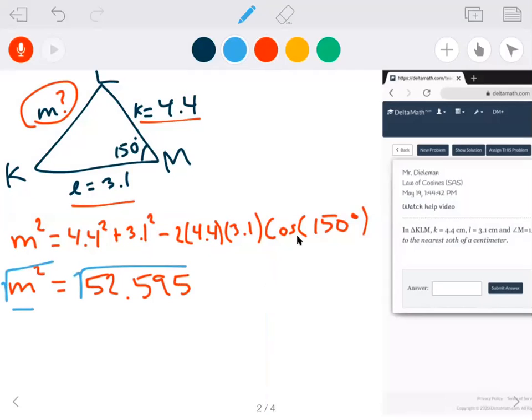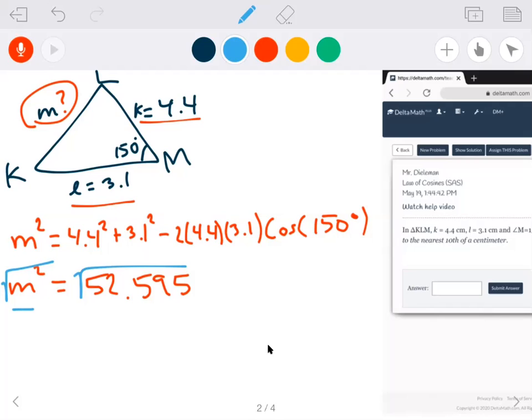So if I'm taking the square root of both sides, I take the square root of 52.595, and I get 7.252. And they want us to round to the nearest tenth. So that would be to 1 decimal point.